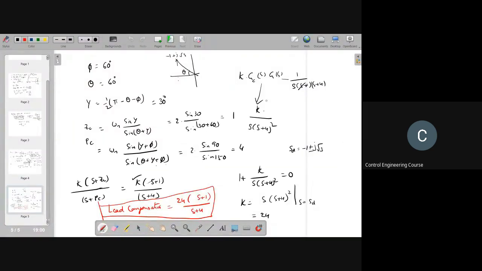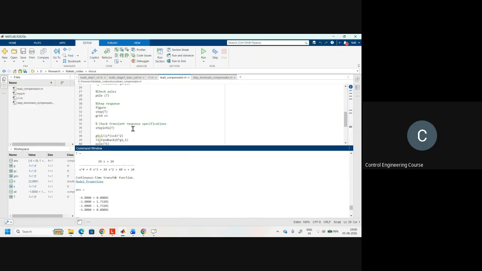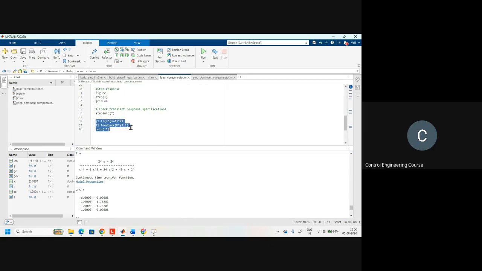This is our system: S into S plus 4 whole square. This is a third order system. But here MATLAB is not cancelling the 0 and directly calculated a fourth order system and computed fourth parameters. But we can do that also. Here I am assuming this is my transfer function. Overall transfer function G1 is this one, right?